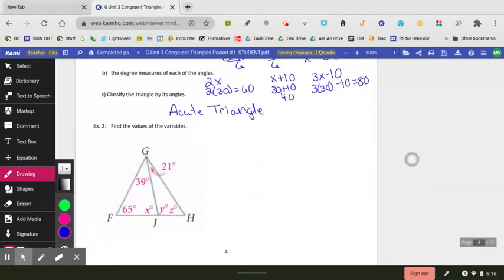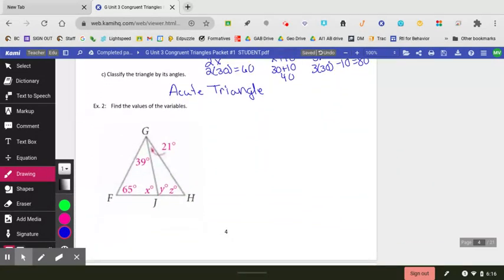Example 2. Here I need to find x, y, and z. So I'm going to start by finding x because x is part of this triangle GFJ that I'm making blue. So that means x plus 65 plus 39 has to equal 180. So that's x plus 104 equals 180.